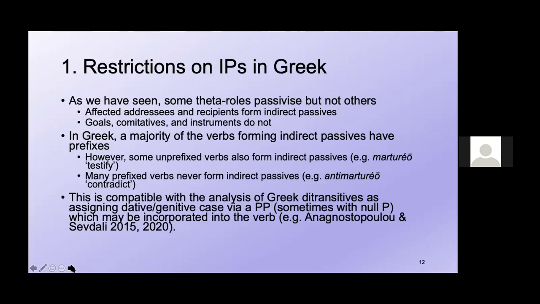However, some unprefixed verbs do also form indirect passives, such as martyreo, testify, and many prefixed verbs never form indirect passives, such as anti-martyreo, contradict. And this is compatible with the analysis of Greek ditransitives as assigning dative or genitive case via a PP, including a null P, which may be incorporated into the verb.